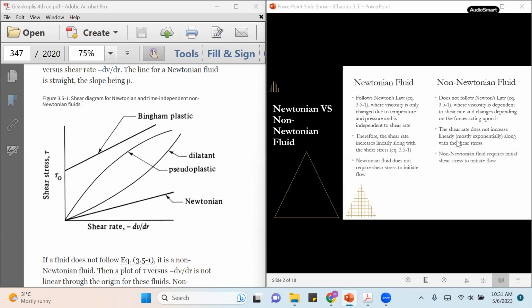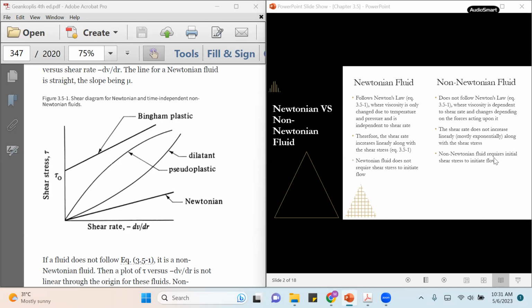Now, another requirement for non-Newtonian fluid is that it usually requires initial shear stress to initiate flow, while Newtonian fluid doesn't. That's why the Newtonian fluid line here starts from the origin point, or tau equal to 0. Why? Because Newtonian fluid does not require shear stress to initiate flow.